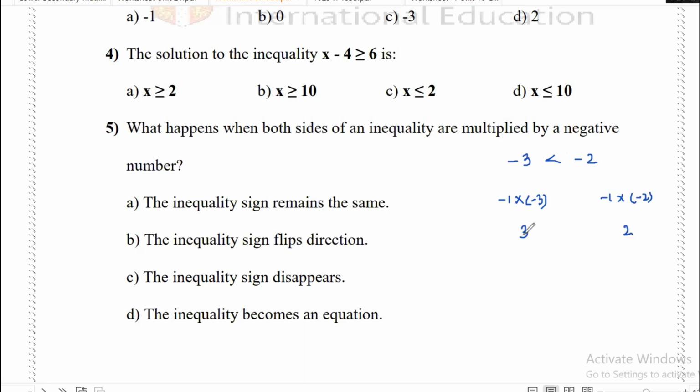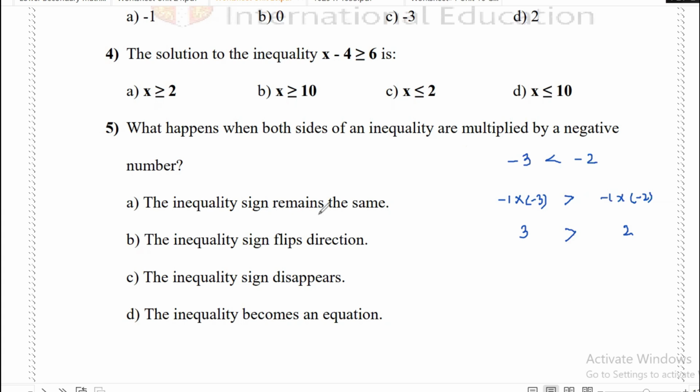Now we cannot say 3 is less than 2. Now we would say that 3 is greater than 2. We started with less than, and once we multiply by a negative number, our statement changes. So remember that when you multiply by a negative number, your inequality sign flips, reverses, or changes.